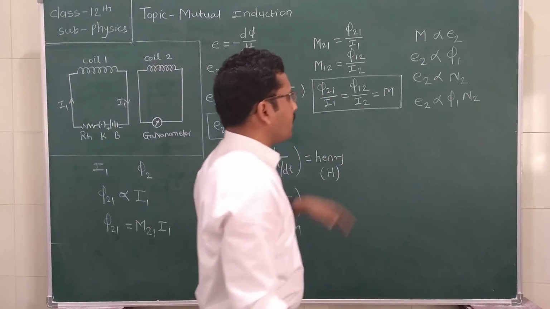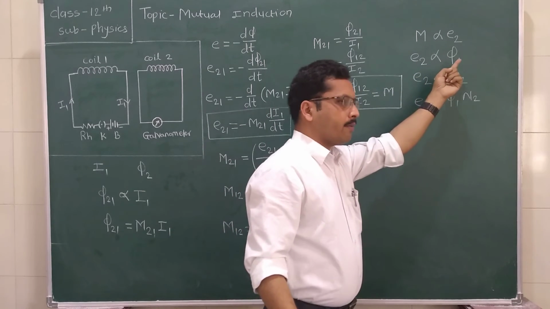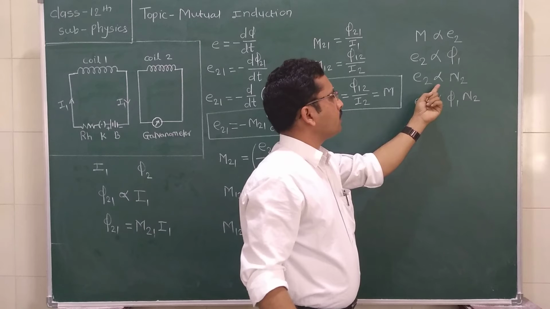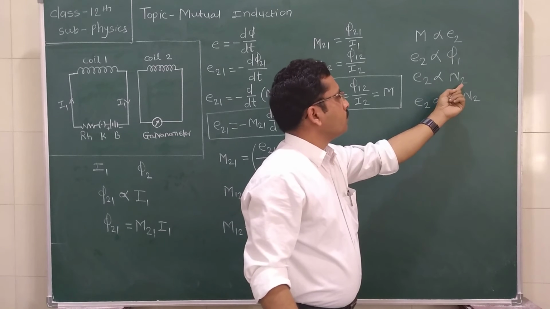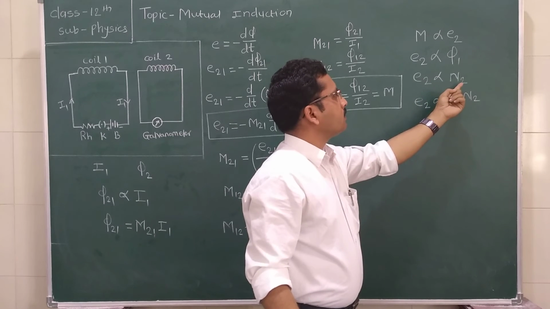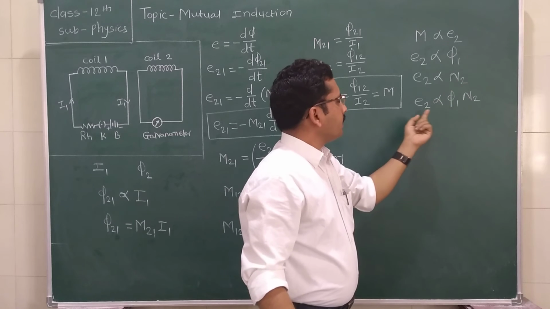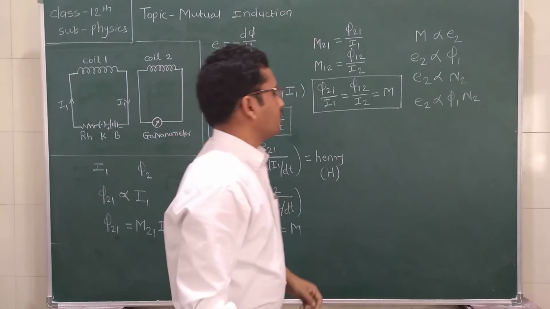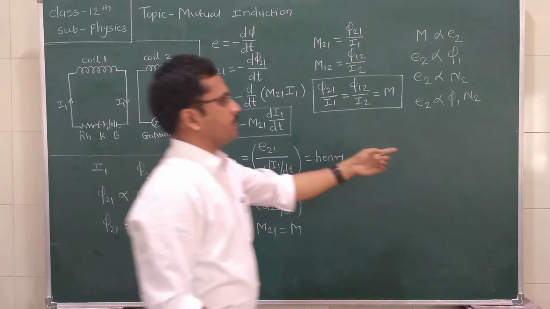So if E2 is proportional to the magnetic flux in the first coil, as well as proportional to N2, the number of turns in the second coil, then E2 is proportional to phi 1 multiplied by N2. But what is phi 1?